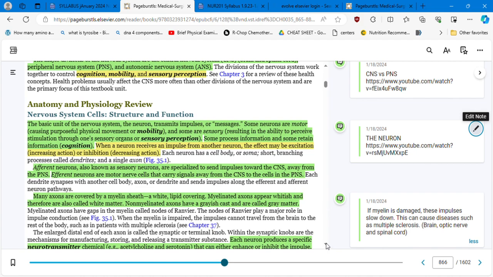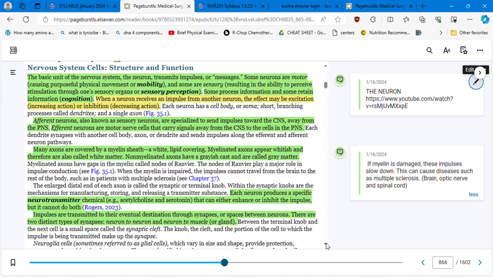Now, something important when we talk about the parts of the neuron, the myelin sheath: we have to remember if the myelin is damaged, these impulses slow down. This can cause diseases such as multiple sclerosis, which is characterized by brain problems, optic nerve problems, and spinal cord issues.